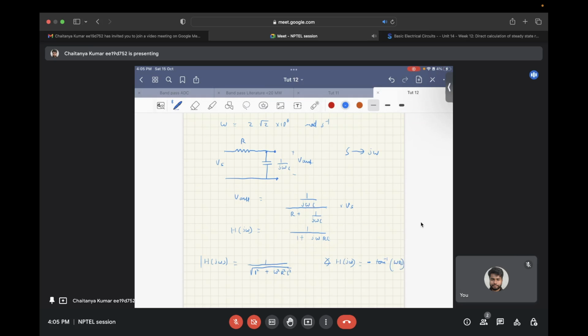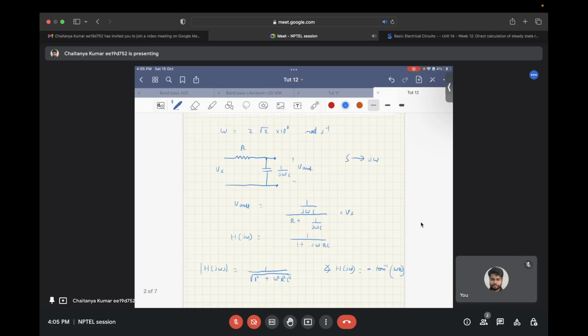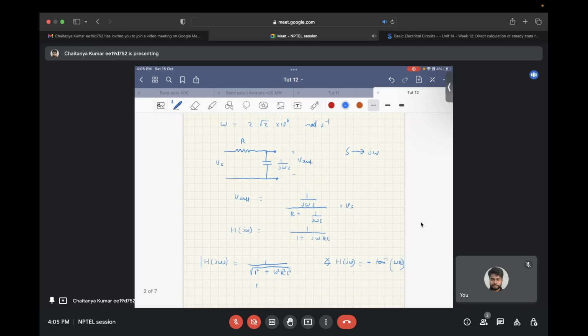Now let's put in the values of rc and omega. We know that omega is equal to 2 root 2 into 10 to the power 6. R is 1 kilo ohms, and C is 1 nanofarad.